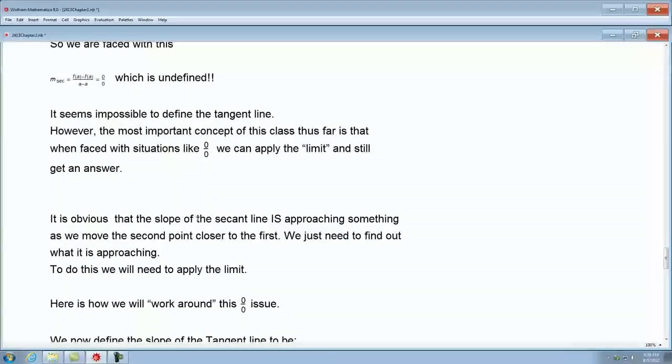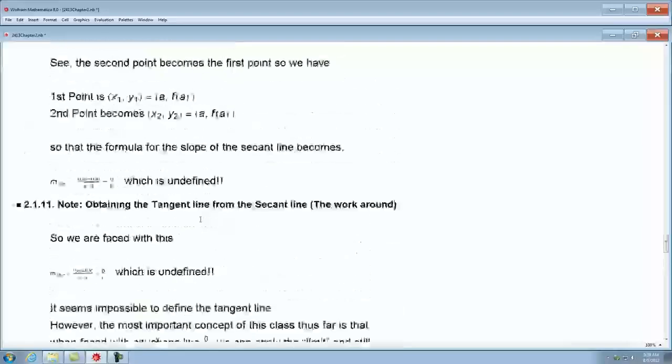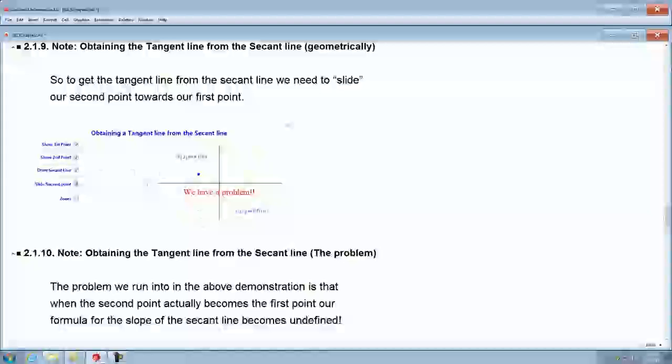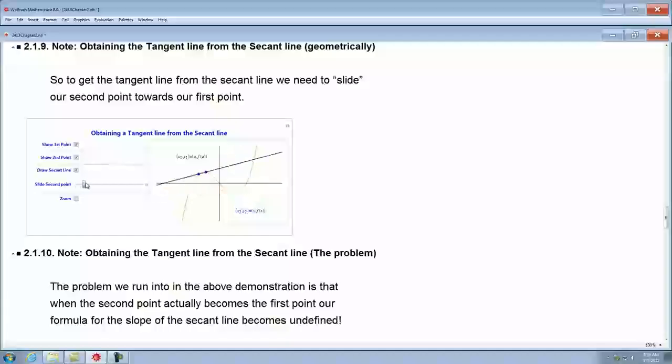It's obvious that the slope of the secant line is approaching something, right? I mean, like when I come up here and I do this again, that secant line has a slope. And as I move it over here, it is getting closer and closer to some specific slope, right? It's just that when I get to the actual point right on top of each other, boom, I can't do the algebra for that. I have division by 0. But it's going towards something, right? It's sloped this way.